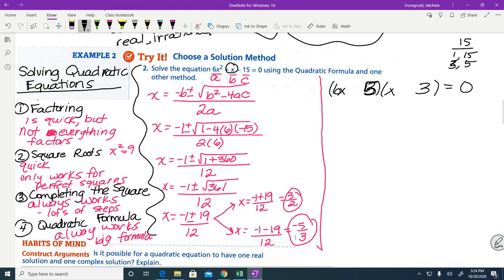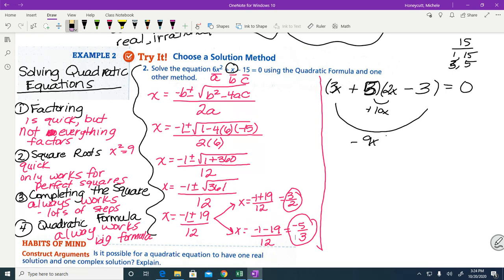Okay, so maybe instead of 6 and 1, let's try 3 and 2. So when we try 3 and 2, I'll have a 10x and a 9x. And if the 10x is positive and 9 is negative, that should work, because that would multiply to be -15 and that would multiply to be positive 10.